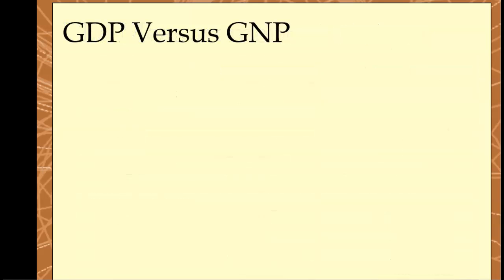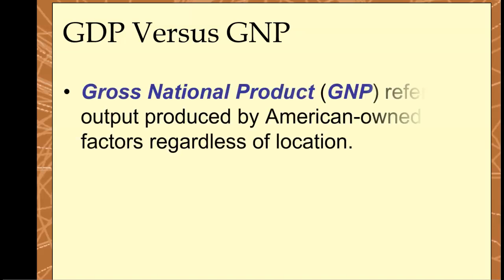Until recently, when I say recently, I'm sorry, until the 1990s, the United States used to measure the economy, economic activity, with something called gross national product, GNP. Now, the big difference between GNP and GDP is GDP cares where the item is produced. In other words, we only want to count output within, let's say, the United States borders.